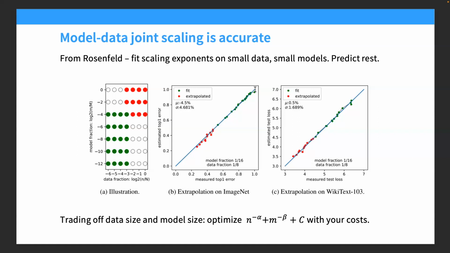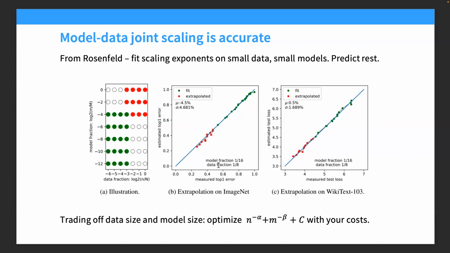You see that the prediction works pretty well based on this simple equation. This is the estimated error, this is the measured error. It fits this line very well. If the prediction is accurate, then they should all align on y equals x.